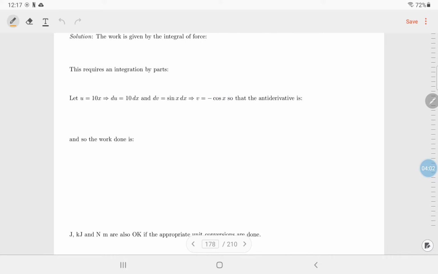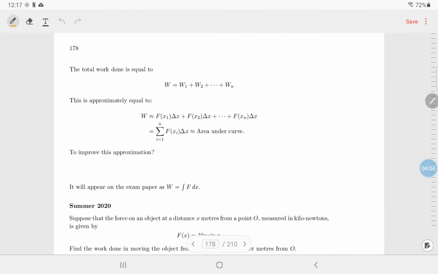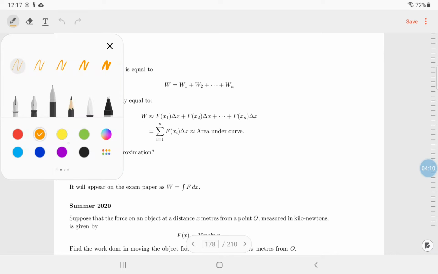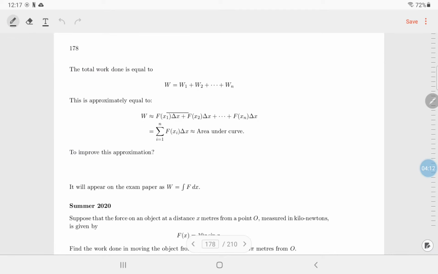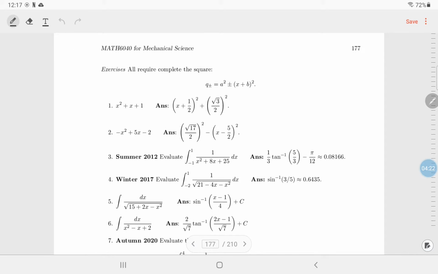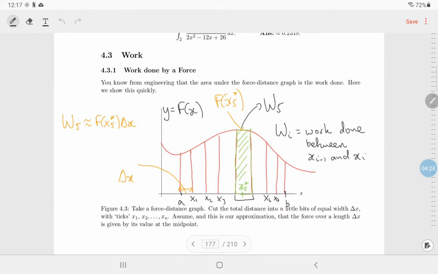Okay, and so you get that the work is approximately the sum of the force at each midpoint times delta x. These x1 stars, etc., are really little stars, the midpoints, and here n is equal to 8 in the way we drew it. This also approximates the area, because force times distance is the area of that green rectangle, which approximates the area of the strip.